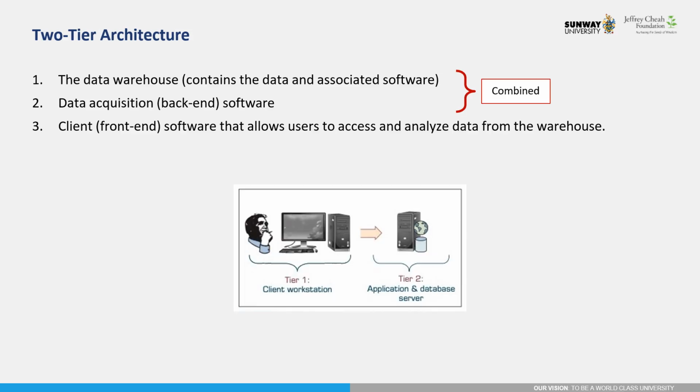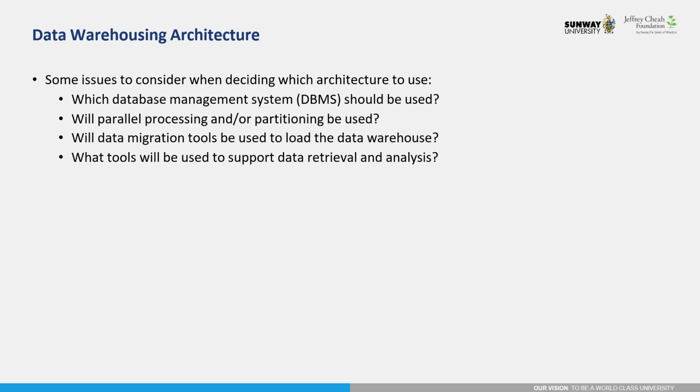I'm giving you another example. This is the two-tier architecture, where the client and the application merge together, combining the application and database server. This is very good, but again, we are learning about the data warehouse structure.